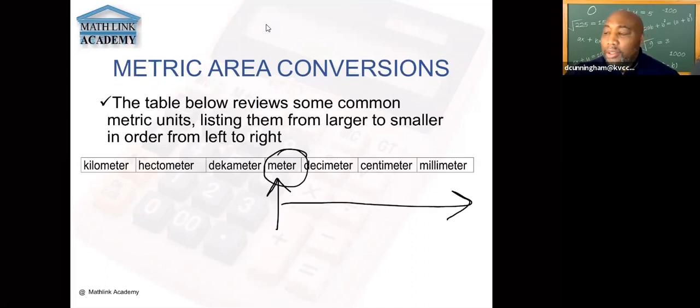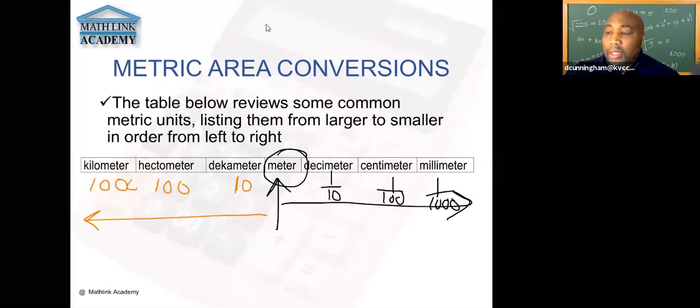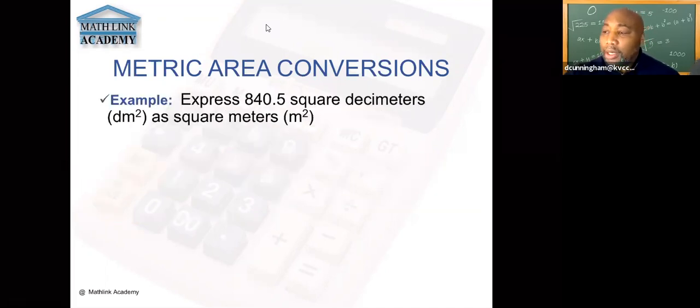So this is 1/10, 1/100th of a meter, and this is 1/1000th of a meter. As we go in the other direction, as they get bigger, the decameter is 10, then 100 and 1,000. It takes 1,000 meters to make 1 kilometer. So these are things we want to make sure we understand and know.